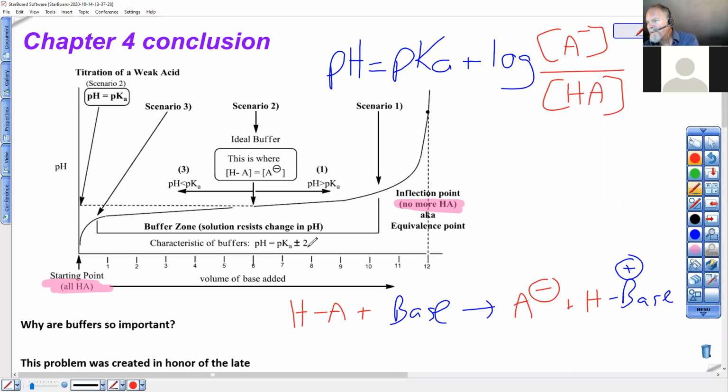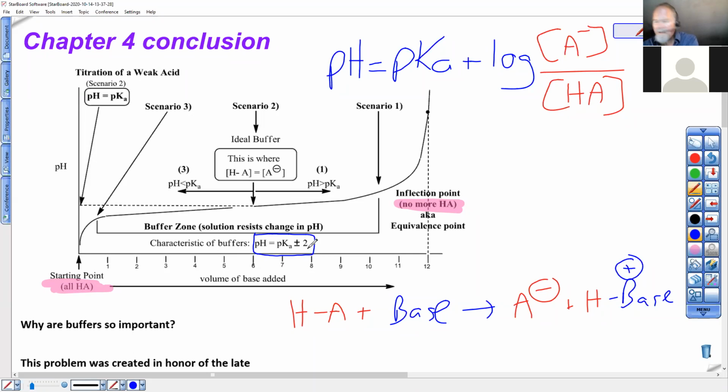Buffers are good between pH equals pKa plus or minus 2. What does that mean? Well, if you have an acid with a pKa of 5, like a carboxylic acid, you can use a mixture of the carboxylic acid and its conjugate base to make buffers anywhere from pH 3, which is 2 below the pKa of 5, up to 7, which is 2 above the pKa of 5.